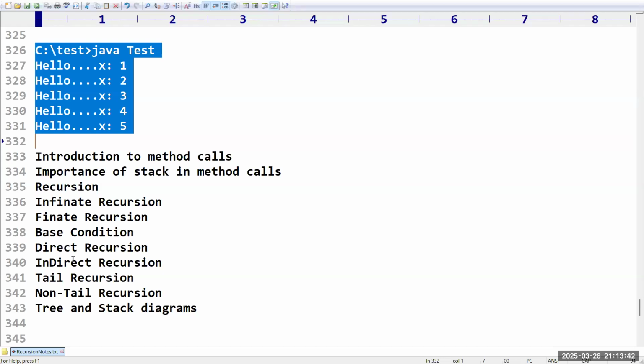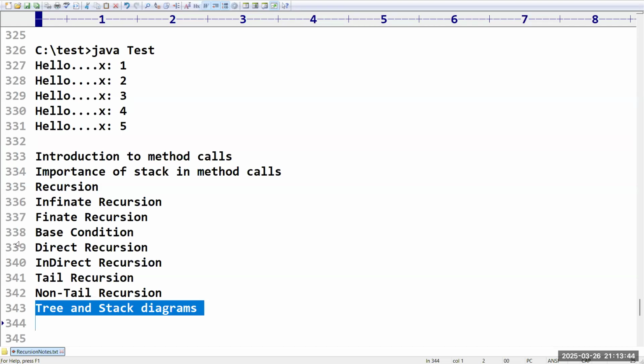Remember carefully. Even for those applications, how to construct a tree diagram and how to construct a stack diagram, I explained both very clearly. But slowly I'm going to remove these stack diagrams, because you now have clarity on how that stack is created internally. I will focus only on the tree diagram, how it is going to be shown visually.